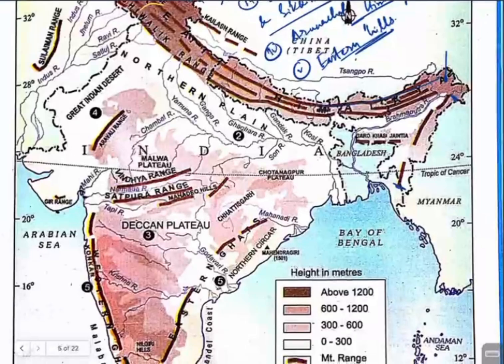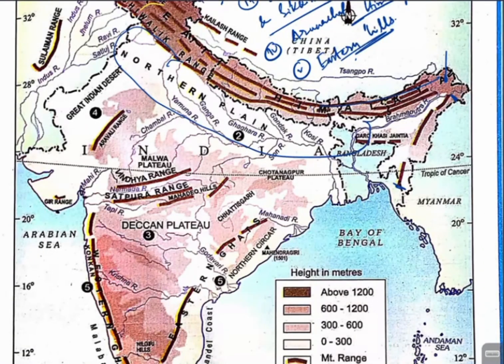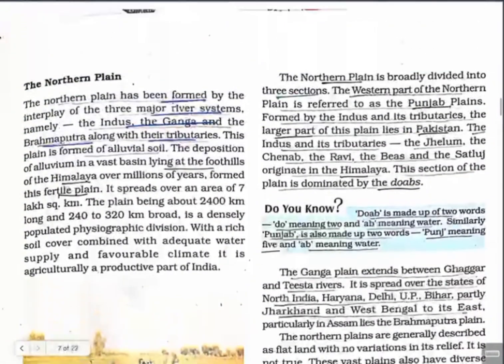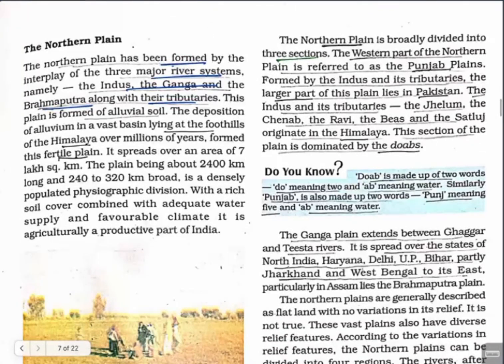So this is the northern plains, almost up to there. It is formed by two rivers, the Ganga and the Brahmaputra, and the Indus. So this plain is formed of alluvial.